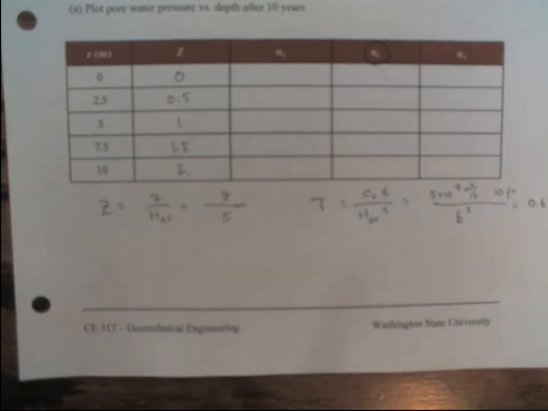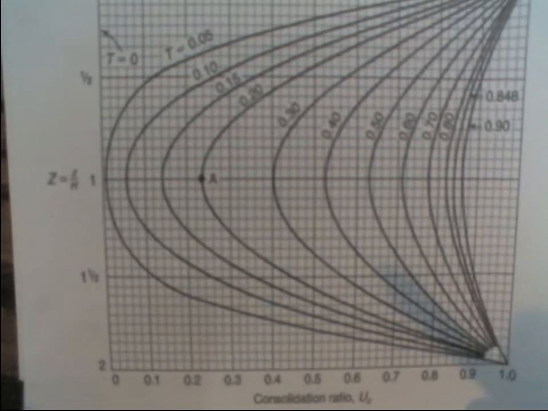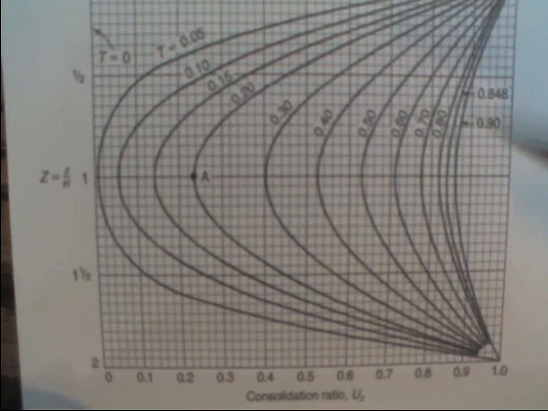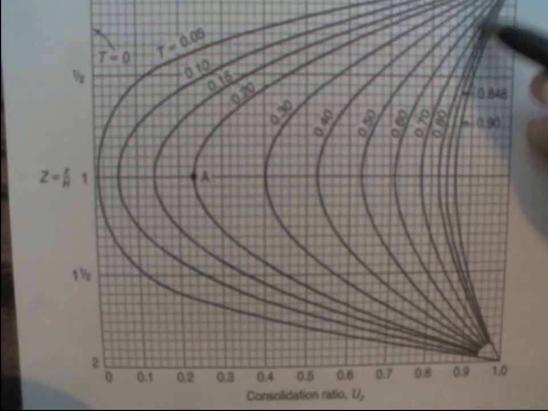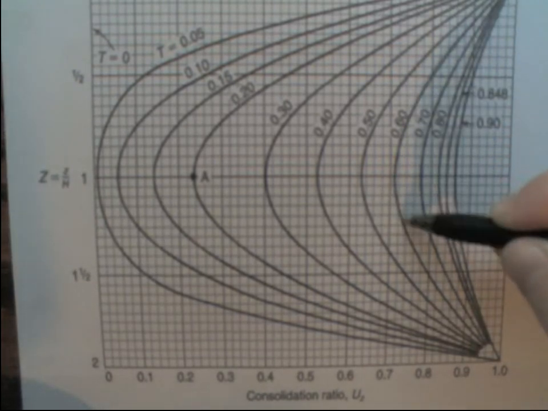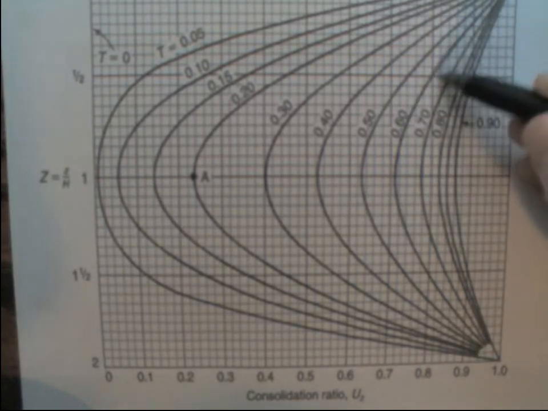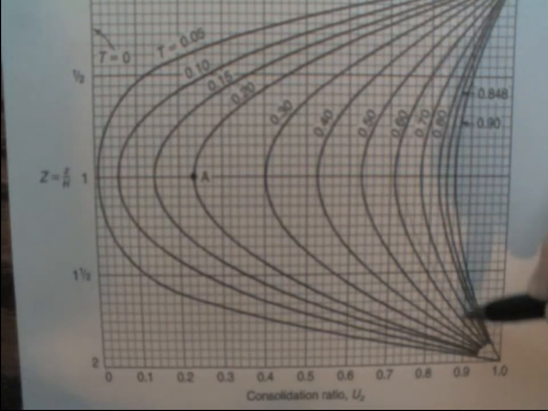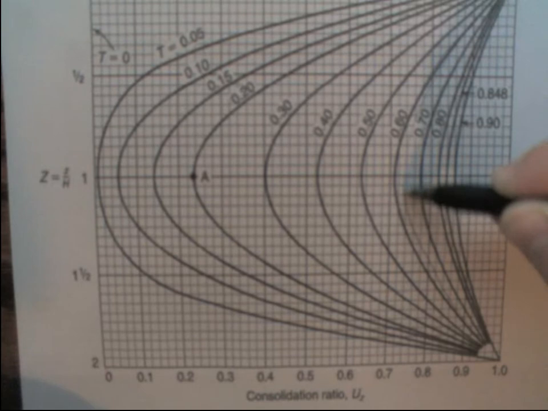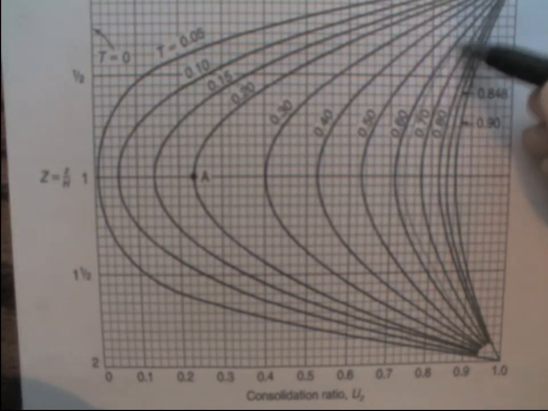So what that means is that for the specific time we're looking at, if we look at this graph here, we know that our time factor is 0.63, so we're along this line here. Actually, I'm sorry, a little bit between this line and the 0.70. So all the way along there, that's where our line lies for consolidation after 10 years.